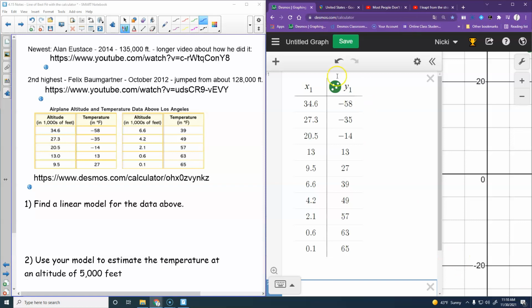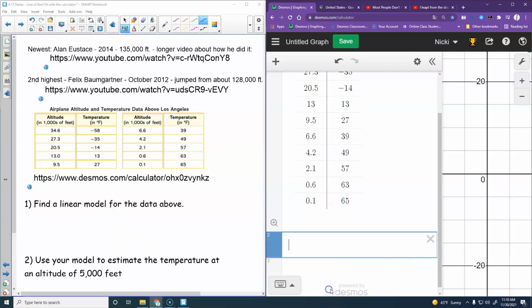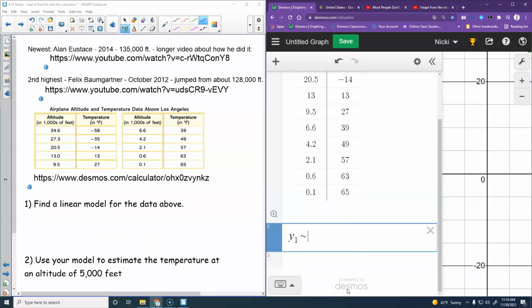Okay. All right, so once you have your data in, you're supposed to find your linear model. Quiet, please. So you're going to do y1 squiggle mx1 plus b.